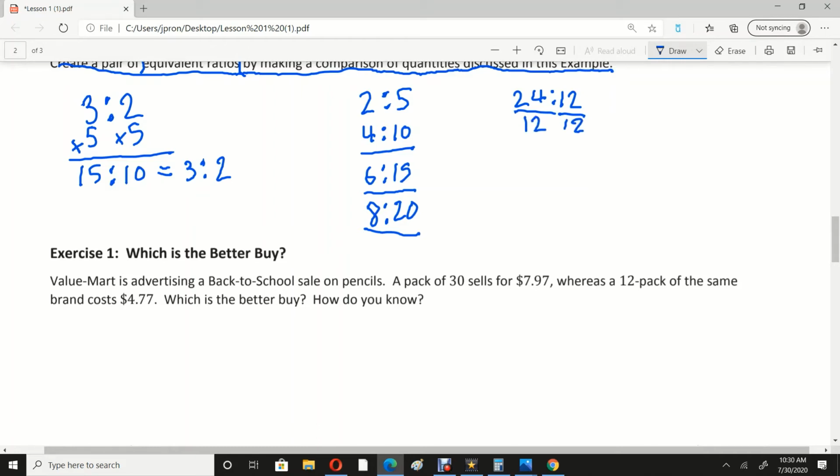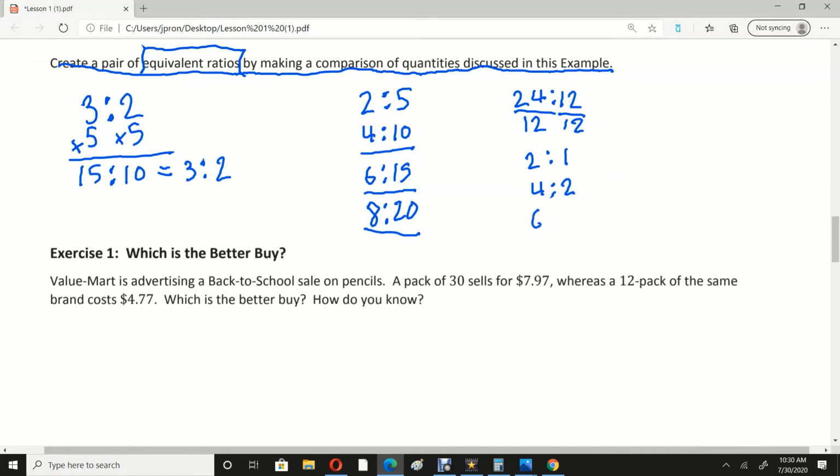So if we divide 24 by 12 and we divide 12 by 12, we maintain the equivalency of the ratio. So 2 to 1 is an example. Another one would be 4 to 2, etc., 6 to 3.